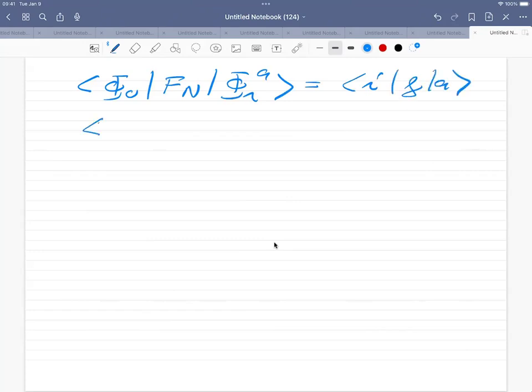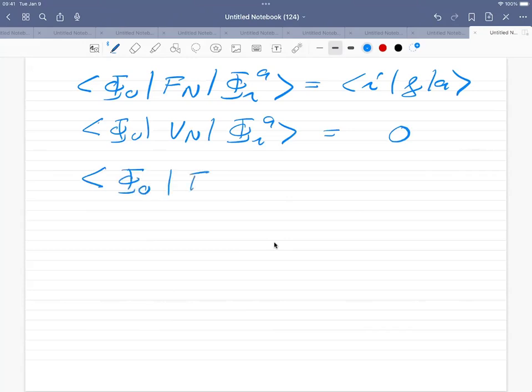And what we also found yesterday is that <phi_0|V_N|phi_i^a> was given by 0. It means that the integral with the Hamiltonian between phi_0 and phi_i^a was simply given by this integral defined by the operator f.